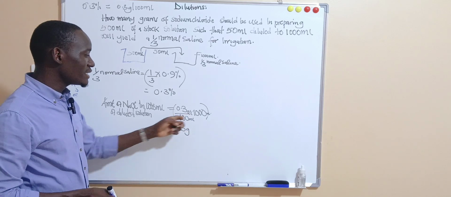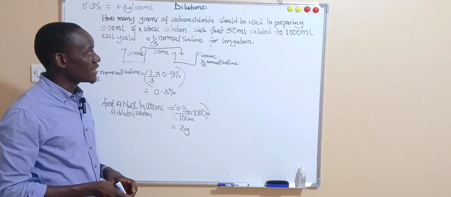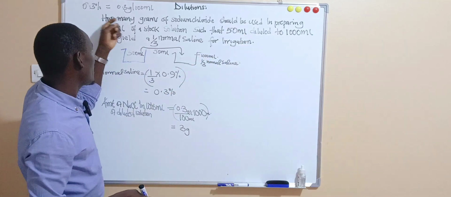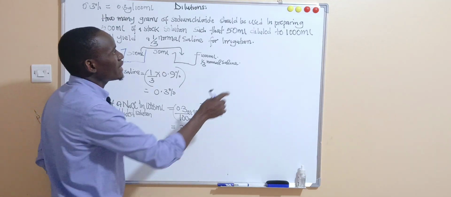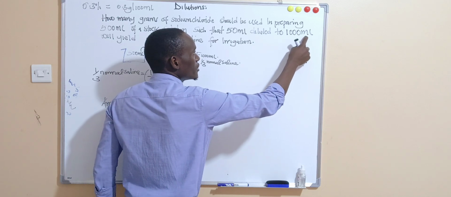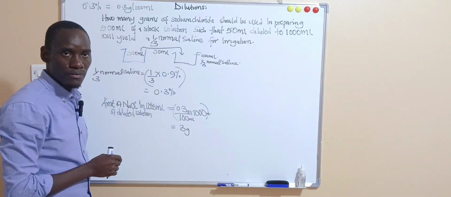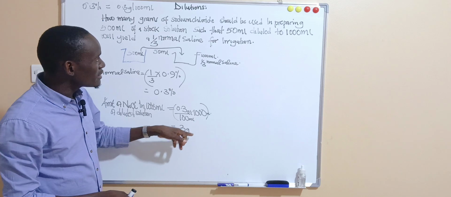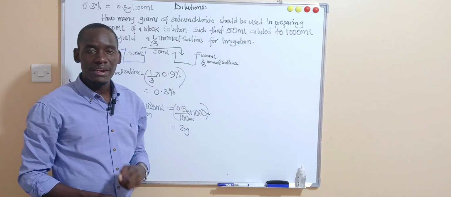But remember, getting 3 doesn't mean we have gotten the answer, because they need us to obtain the amount of the drug in 500 mils of the stock solution. But remember, we say that the amount of drug in 1000 mils of the diluted solution is the same as that in 50 mils of the stock solution. So that means that 3 grams is the same amount of sodium chloride in 50 mils of the solution.